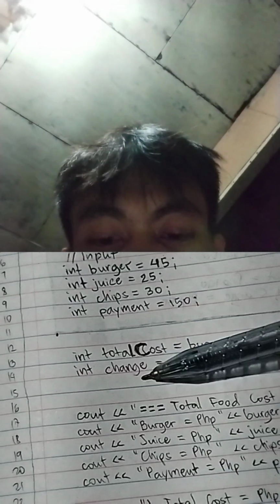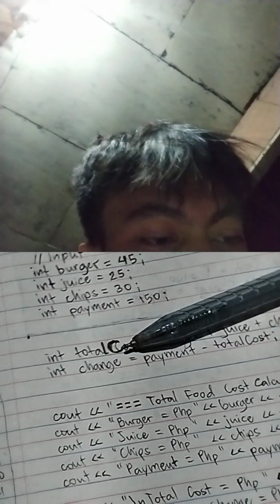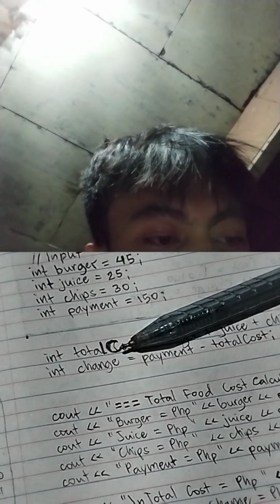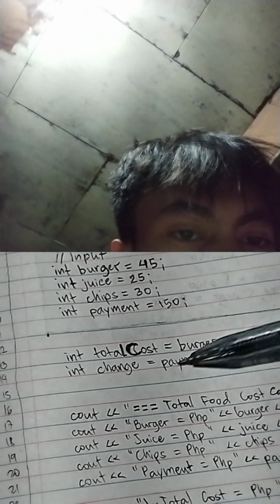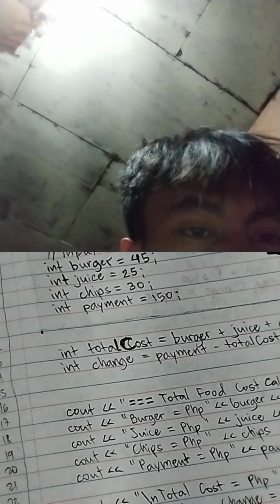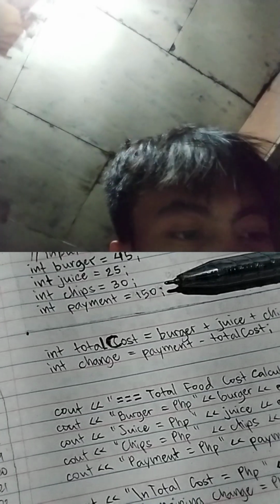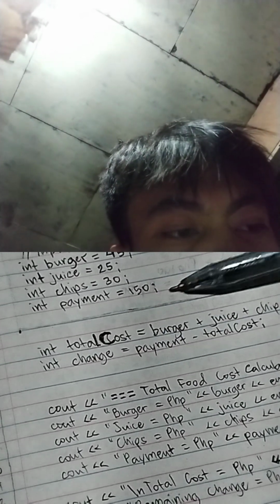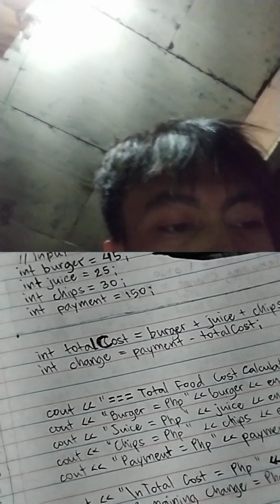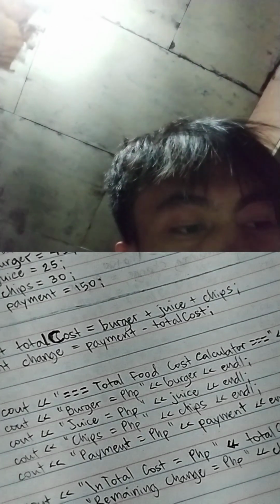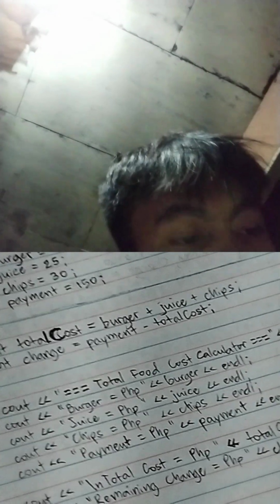Next, in change, the total cost is 100, and the change equals payment minus the total cost. So the program subtracts the total cost from the student payment.